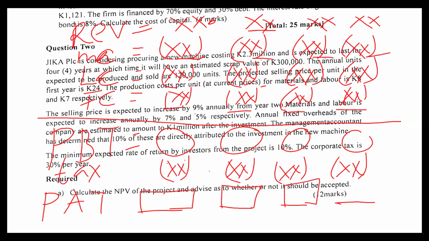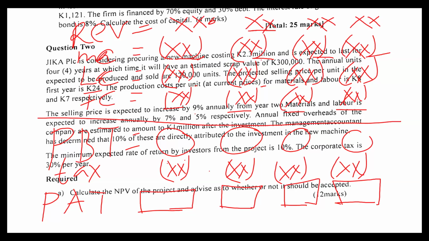Is that clear? I'm trying to explain it clearly so that when it is time to do the NPV, it's not difficult. The 10% is basically the discounting factor that we're going to use to discount these cash flows. Remember, the cash flows are future cash flows, right? They're in the future.